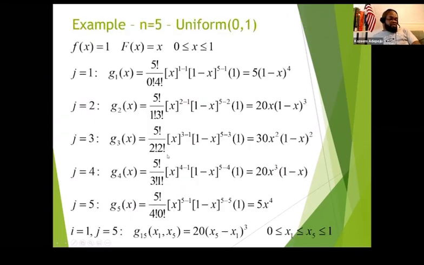That is actually what you're going to get. Of course, this is the joint now for x1 and x5. That is the joint distribution for that. And x1 is less than or equal to x5, and they both lie between 0 and 1.